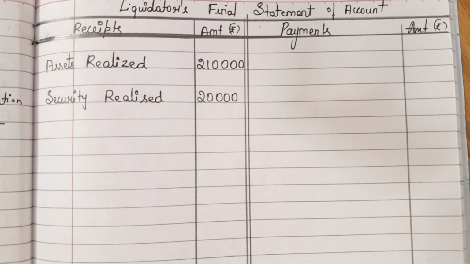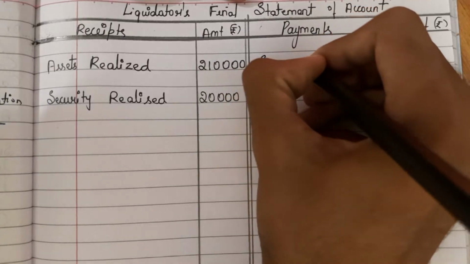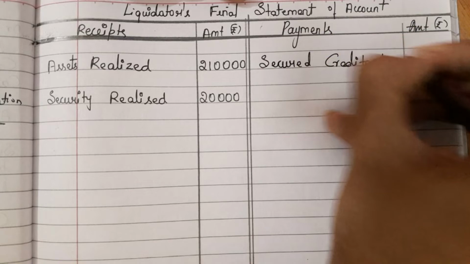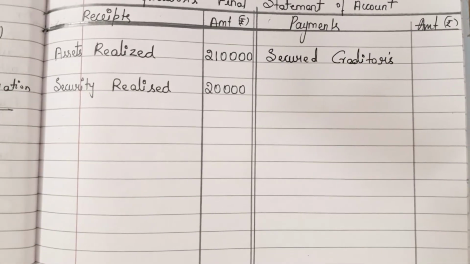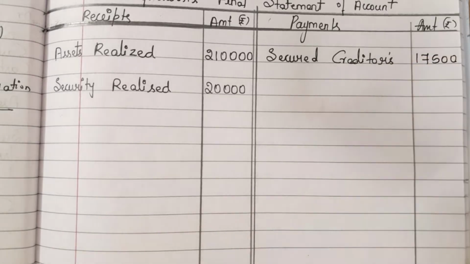Now next, always we need to give more importance to the credit side, because on the asset side there is not much importance, but on the credit side you should follow the format of the liquidator's final statement of account only. So first always we need to pay the secured creditors. How much are the secured creditors? It is 17,500.